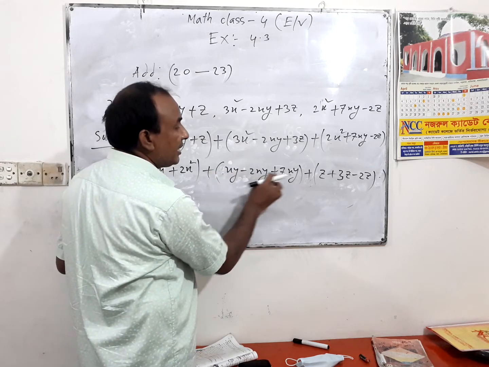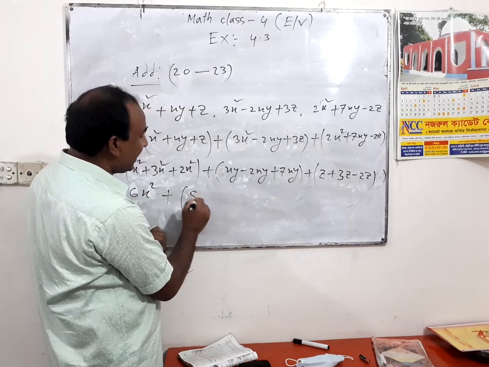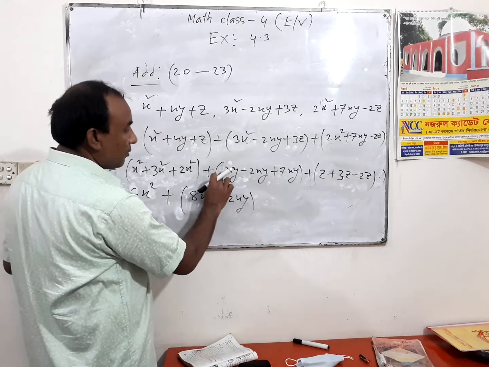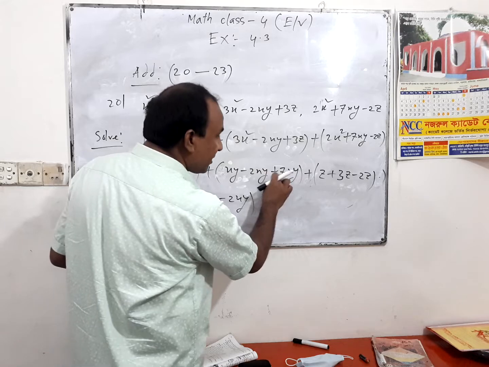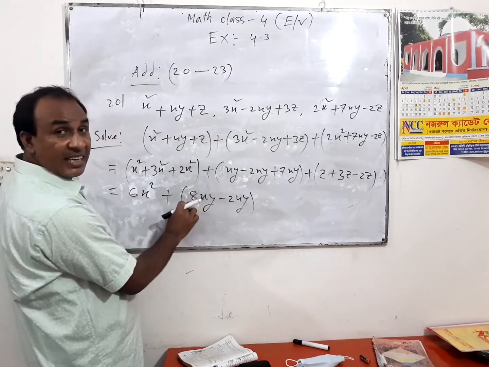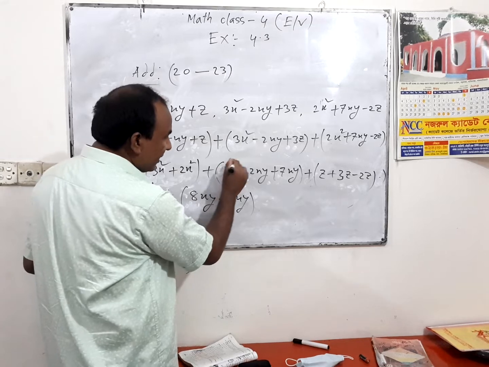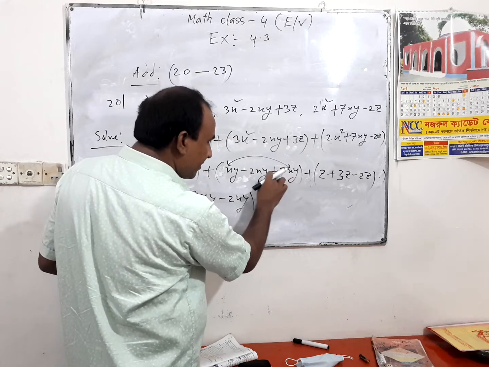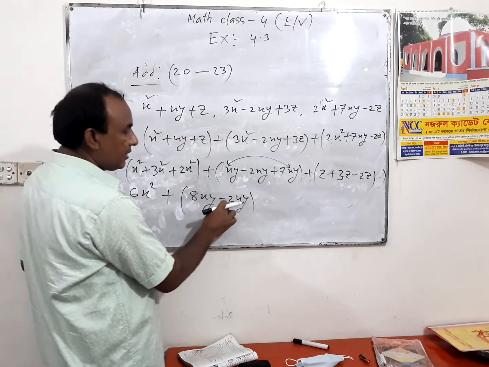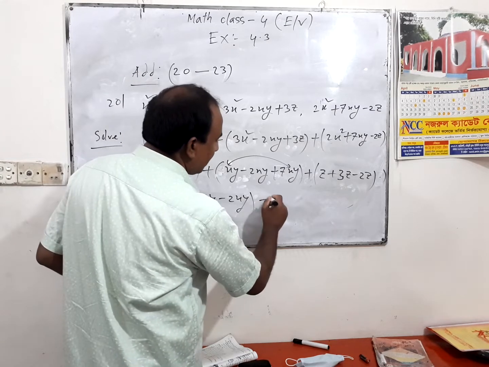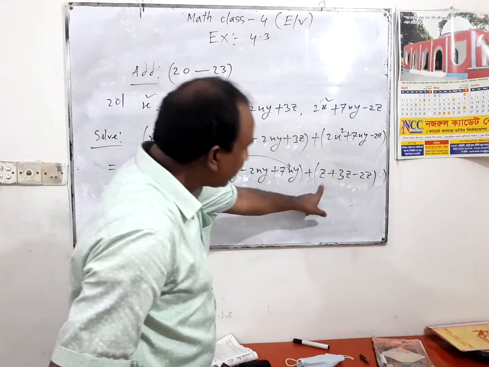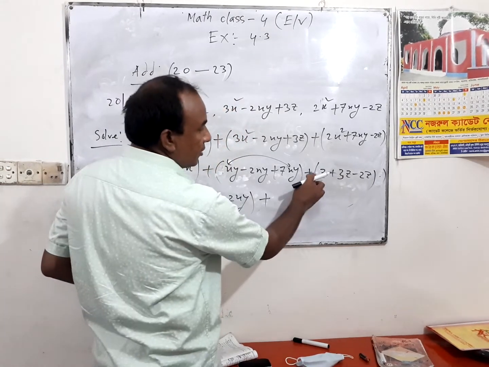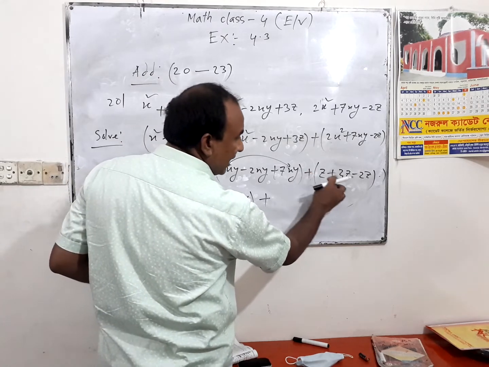So 1xy and 7xy make 8xy, and minus 2xy. 1xy added to 7xy together is 8xy totally. 1xy, here is a plus sign, 7xy plus sign is 8xy, minus 2xy. Okay, this plus sign is here. Same way, 1z and 3z are added together.